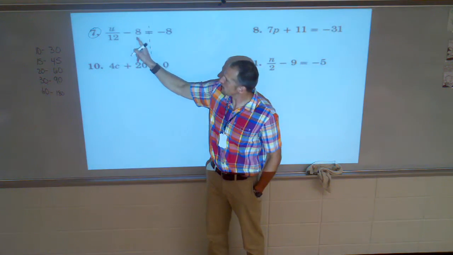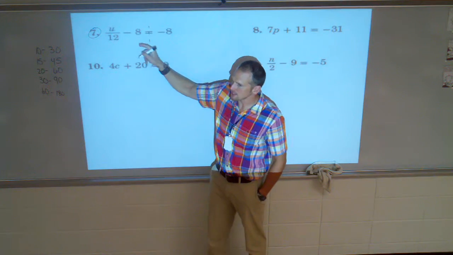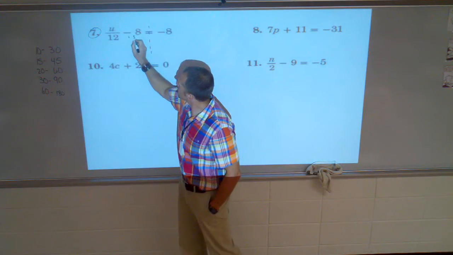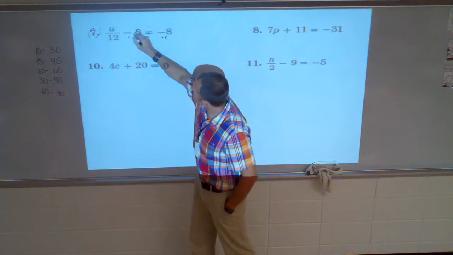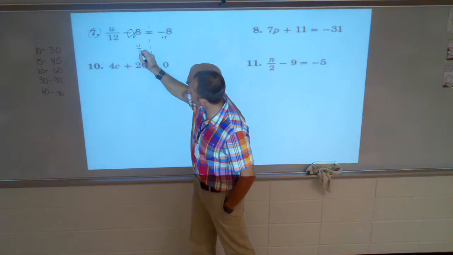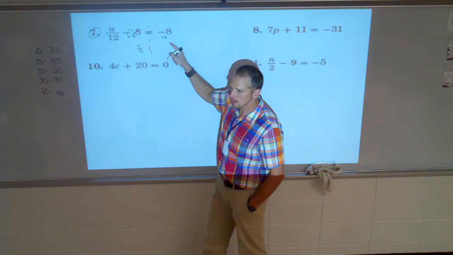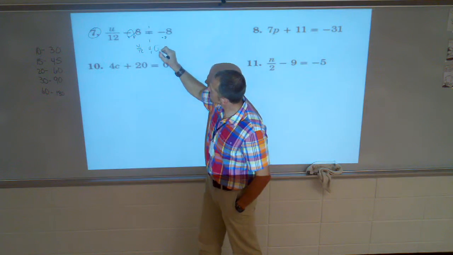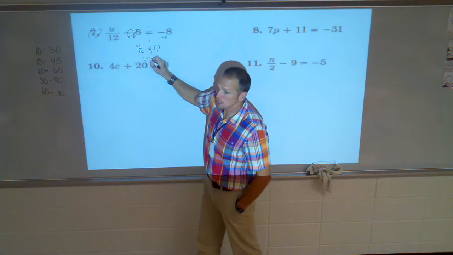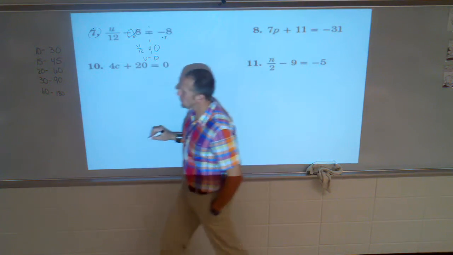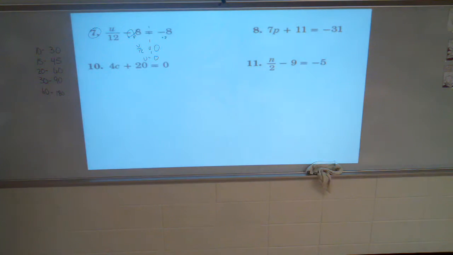Get rid of the one that's by itself, do the opposite. What's the opposite of minus 8? Positive 8. Plus 8 to both sides. This cancels. Over here I've got u over 12 is equal to what? 0. Multiply by 12. U equals 0.